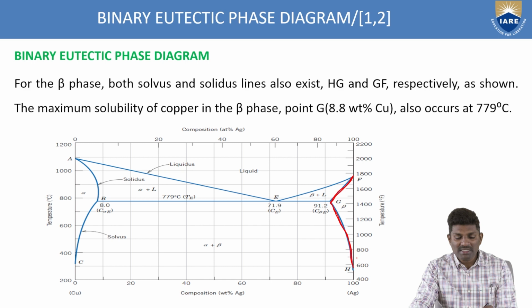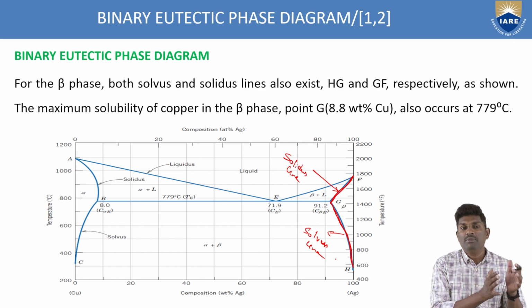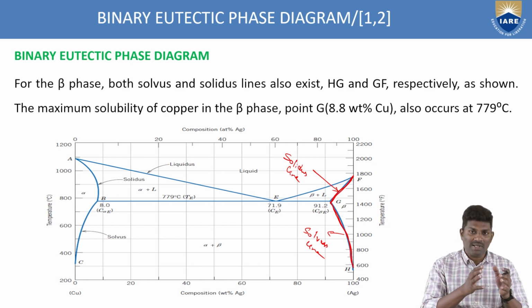So below the BEG line this is the solvus line, and this is the solidus line. It is exactly similar for the alpha region as well as the beta region.